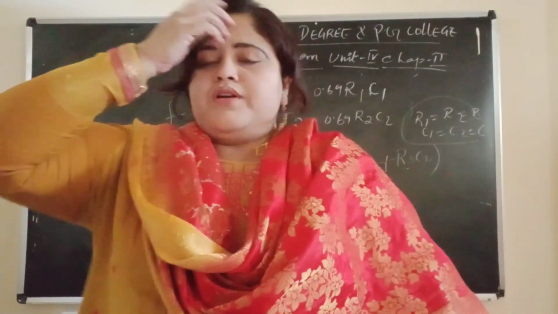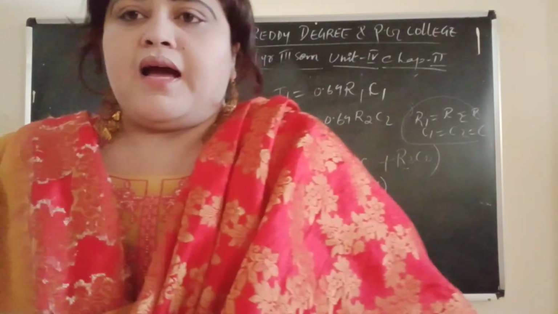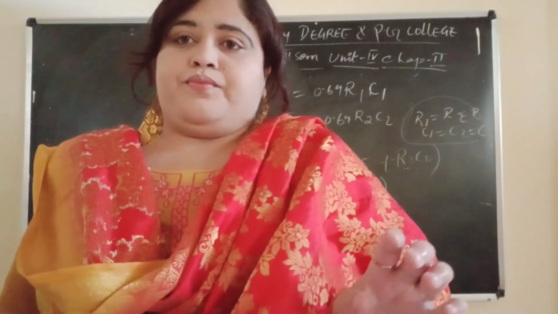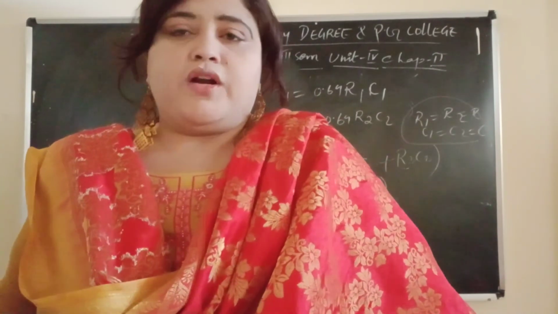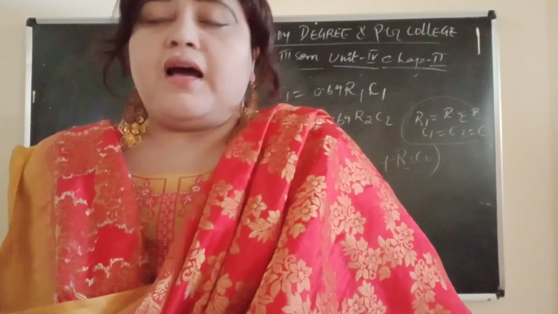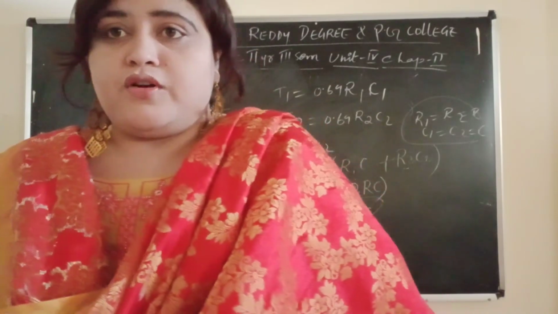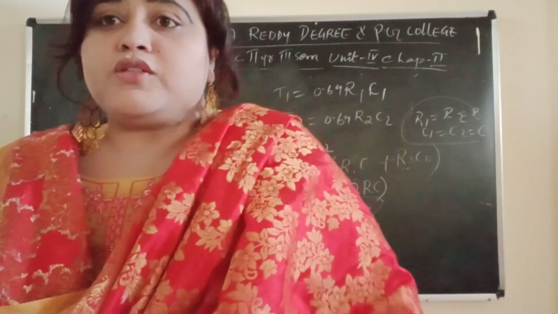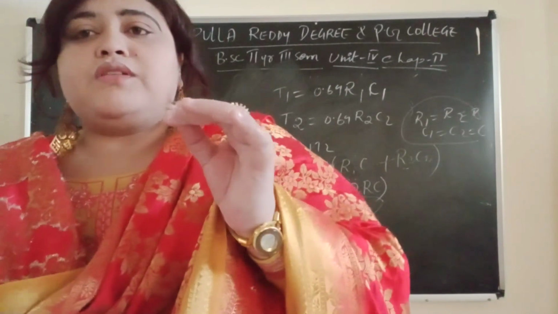Now voltage will not drop across RL2, only across RL1, because Q1 is in saturation and Q2 is in cutoff.